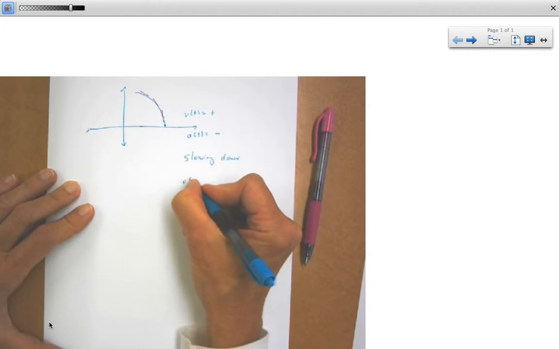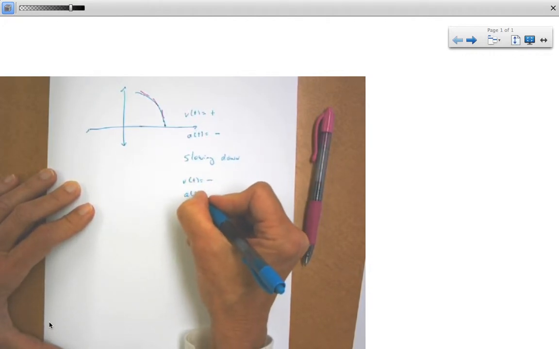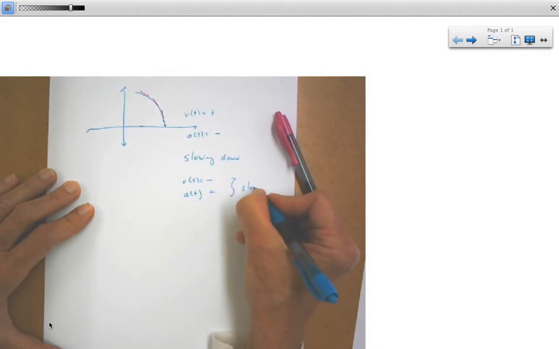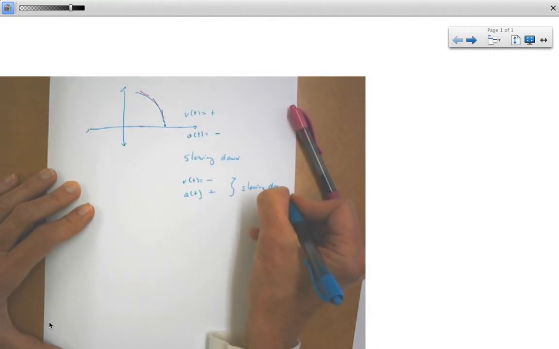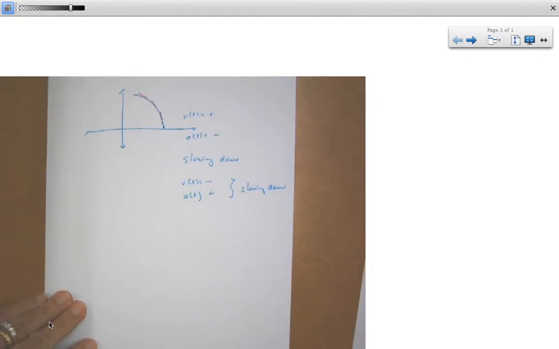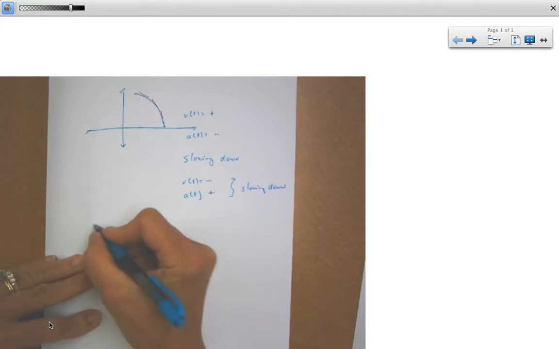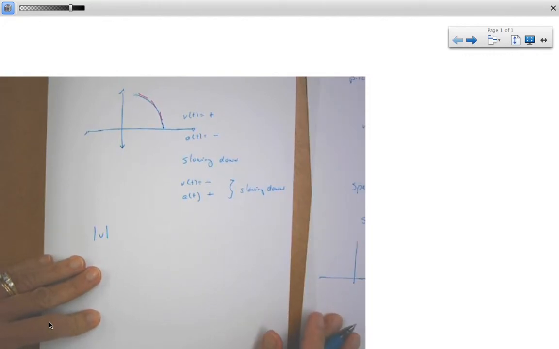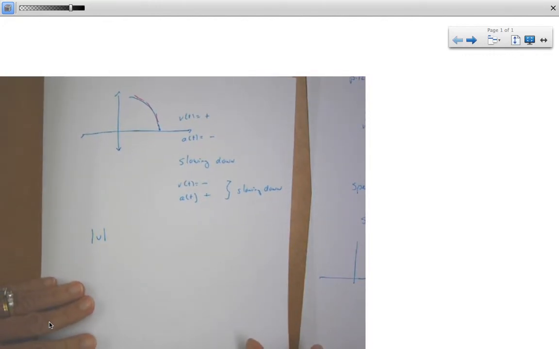And if velocity is negative but acceleration is positive, then I'm also slowing down. So this definition only tells you about a magnitude, a number, but to describe slowing down or speeding up, you need to look at acceleration and velocity.